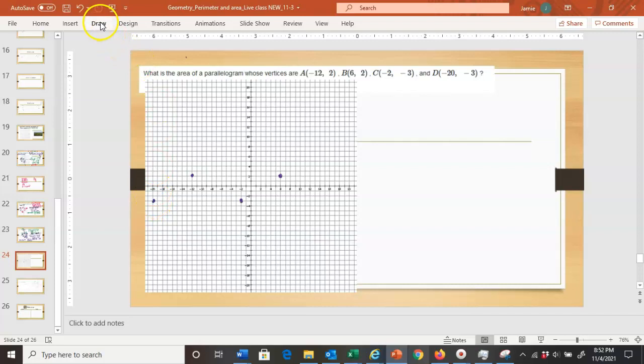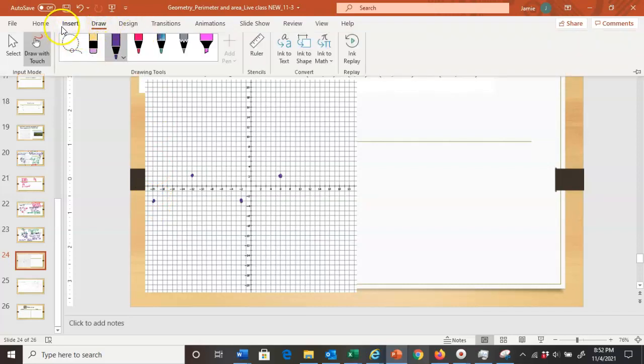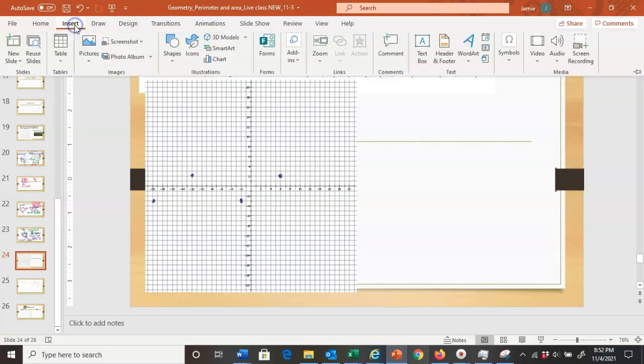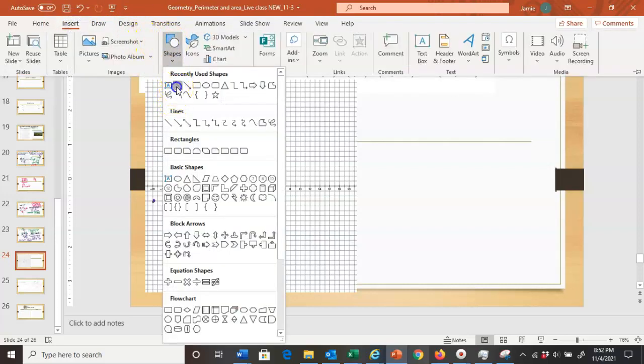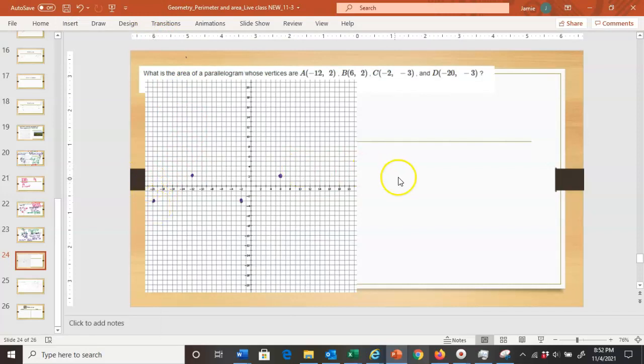I don't trust myself, so I'm going to get a straight edge. Come on, PowerPoint. Here we go. If it's going to let me. Nope. Hold on. Yes. Ta-da! Here's our beautiful parallelogram.